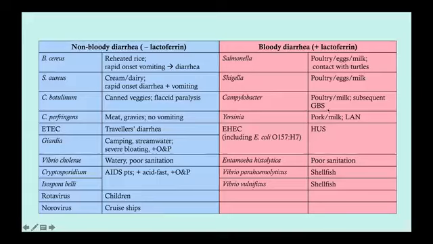So on the USMLE, a lot of times the way they'll pose that to you is you have a patient with Guillain-Barré syndrome, or all the symptoms of it at least, the ascending paralysis and so forth. And then it tells you that 3 weeks ago they had an episode of diarrhea which resolved on its own. And then they're going to ask you which of the following pathogens or bacteria is the most likely cause of this patient's presentation.